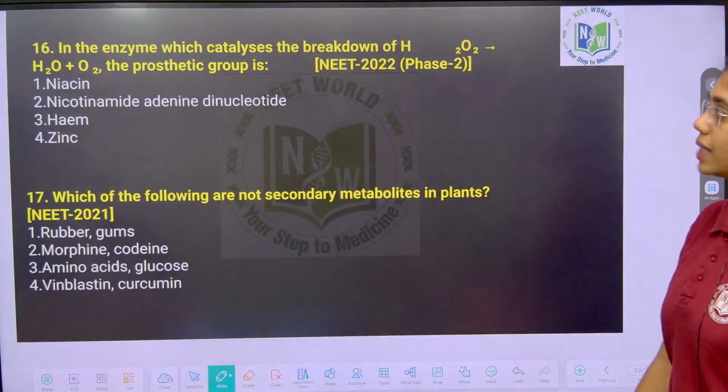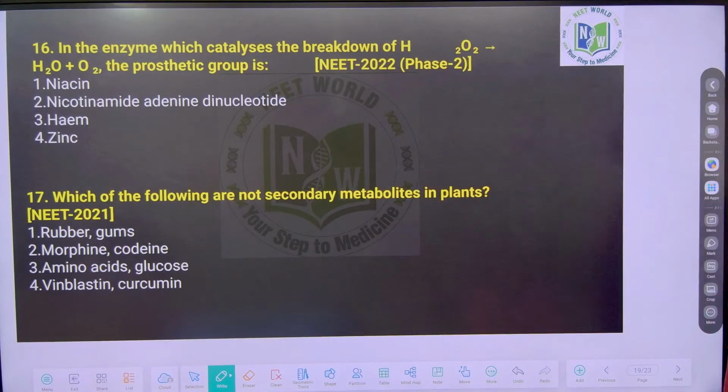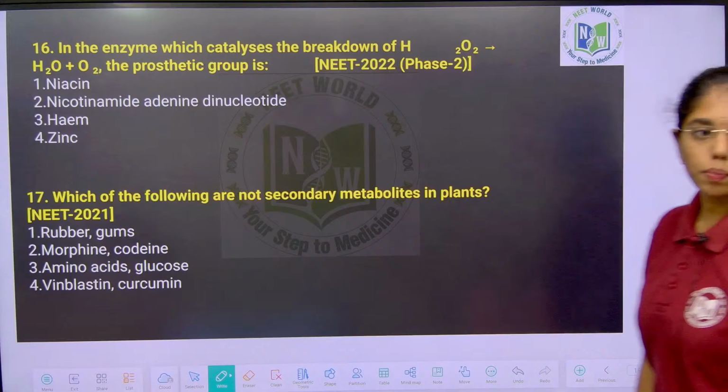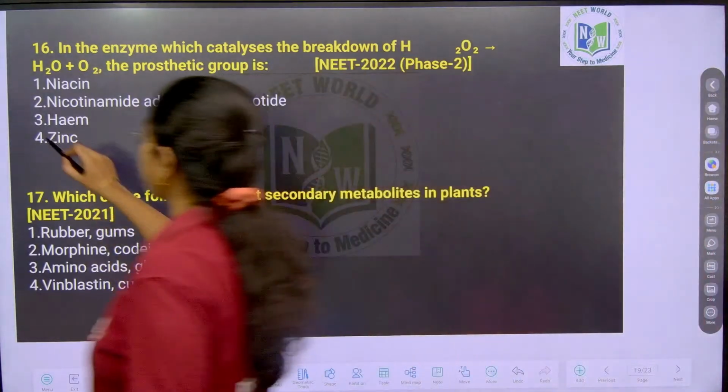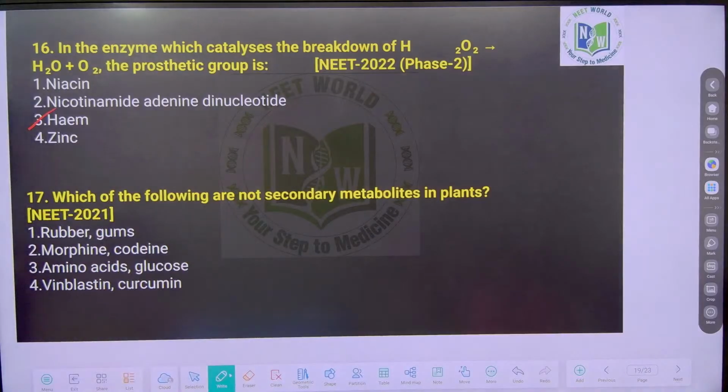In the enzyme which catalyzes the breakdown of H2O2 to water and oxygen, the prosthetic group is what? The enzyme is what? Peroxidase or catalase.